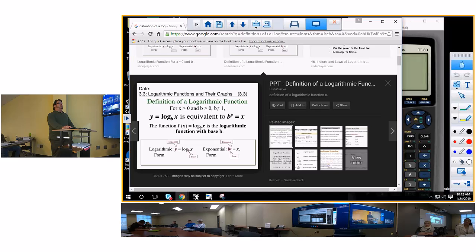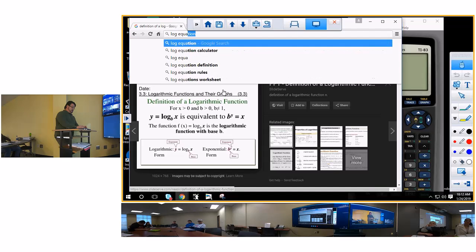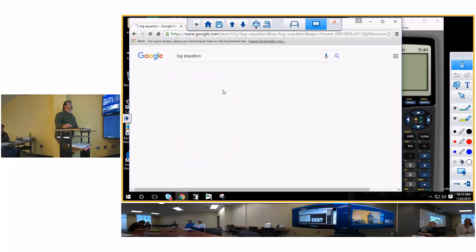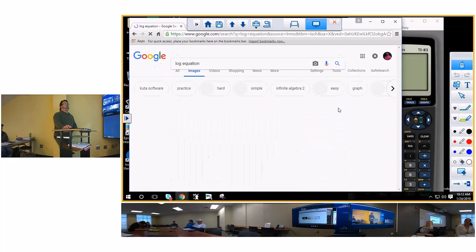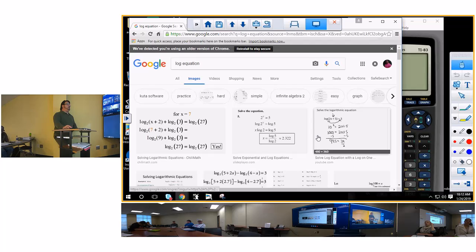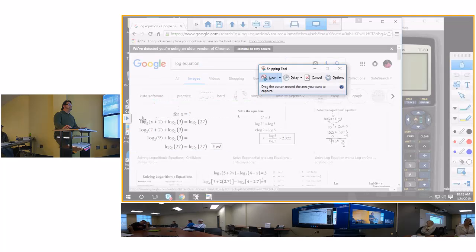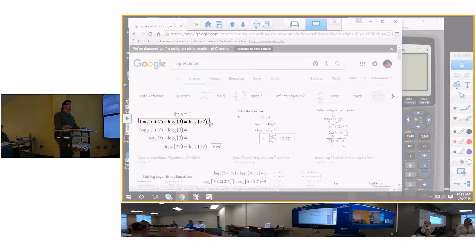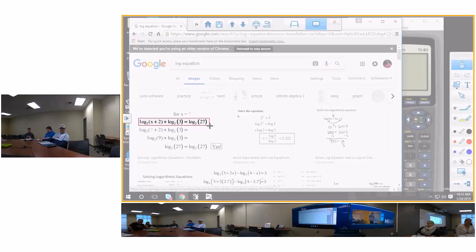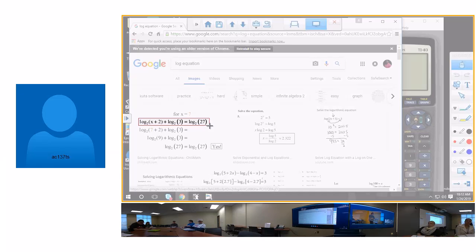Now let me just do a logarithmic equation. We'll kill 2 birds with 1 stone here. Log equation, images, and we'll pull this one up right here. This looks good. Log base 2, so that doesn't matter. So I'll snip that and pull it in.